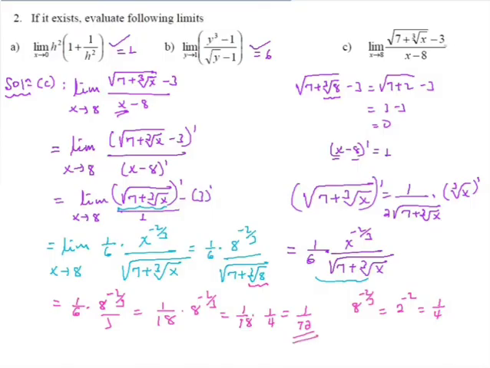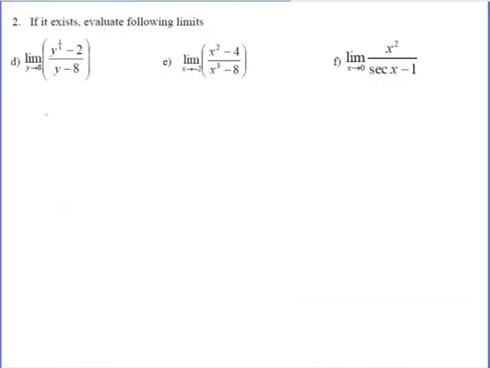Okay, therefore the limit of the expression in C becomes 1 over 72. Now let's see the solution for the D part. So in D we have the limit of y to the power of 1 over 3 minus 2, over y minus 8, as y approaches 8.